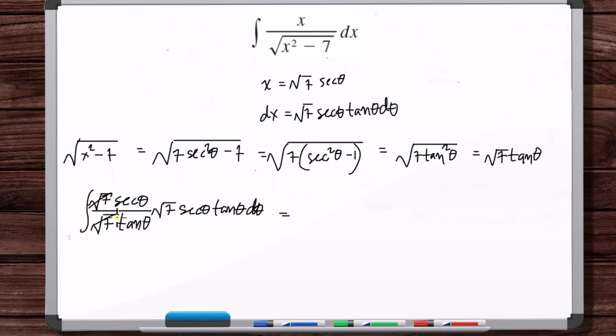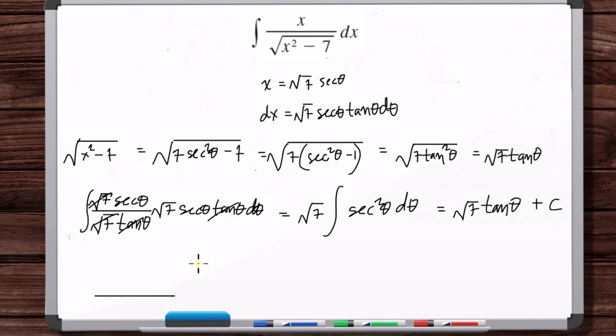Okay, so we can take out a root 7 and then this cancels and we're left with secant squared theta d theta. And secant squared is easy. The integral, that's just tangent theta plus c.